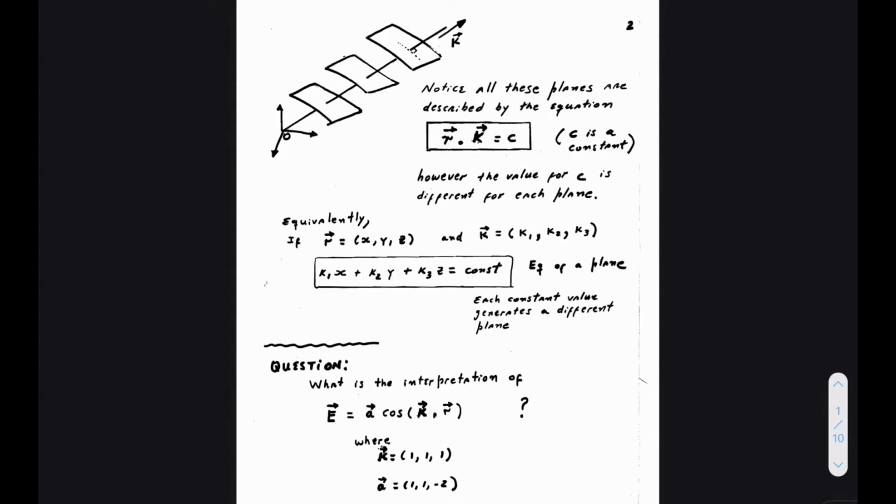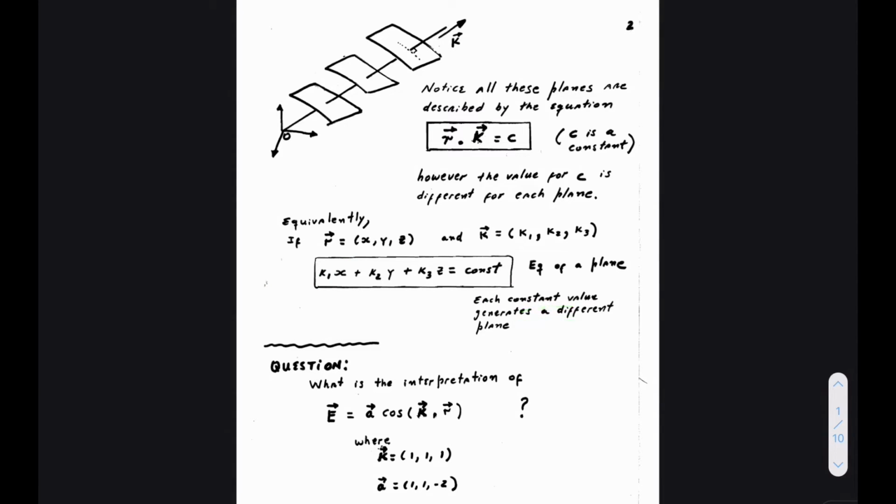We can also express the r vector and k vector using their components along x, y and z directions. Then this equation takes the form k1x plus k2y plus k3z equals some constant, where each constant generates a different plane.